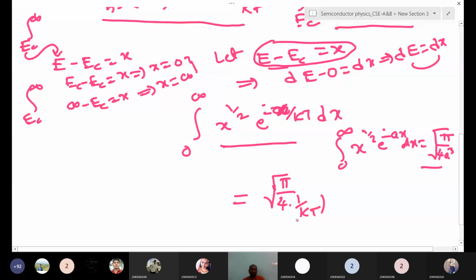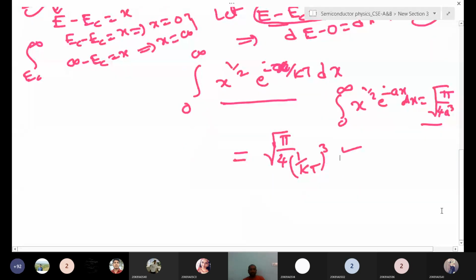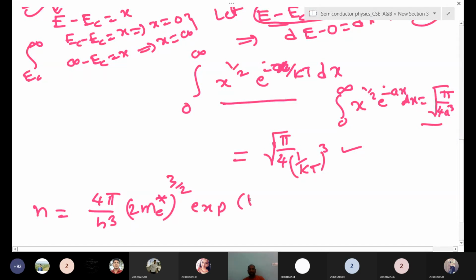So we will write the total expression for n is equal to 4 pi by h cube and 2m e star 3 by 2, and our exponential minus EC minus EF by KT, and this is the value, right? 4 pi by 2 into here KT cube 3 by 2, isn't it?